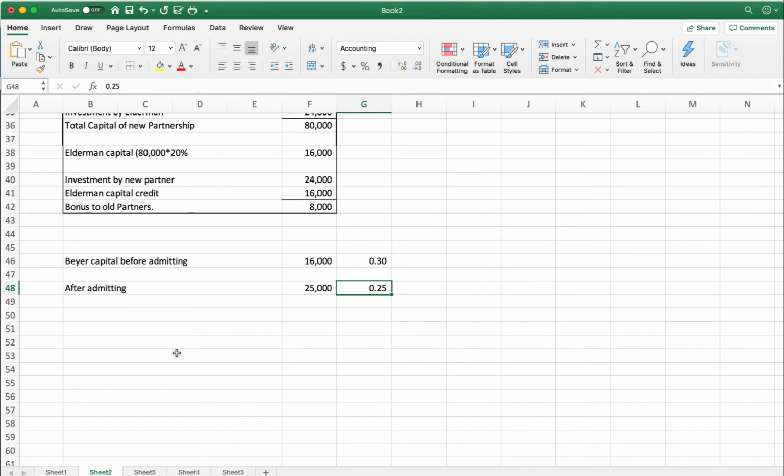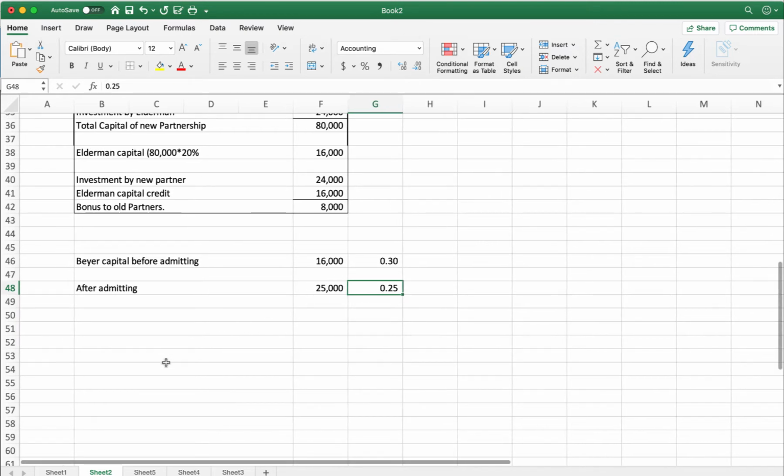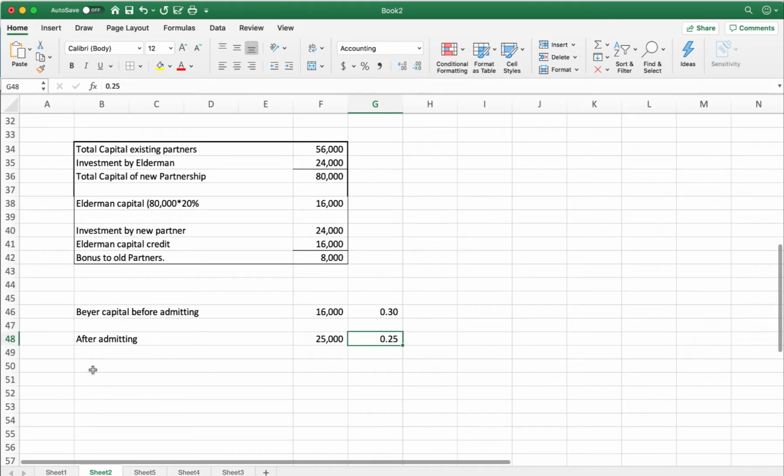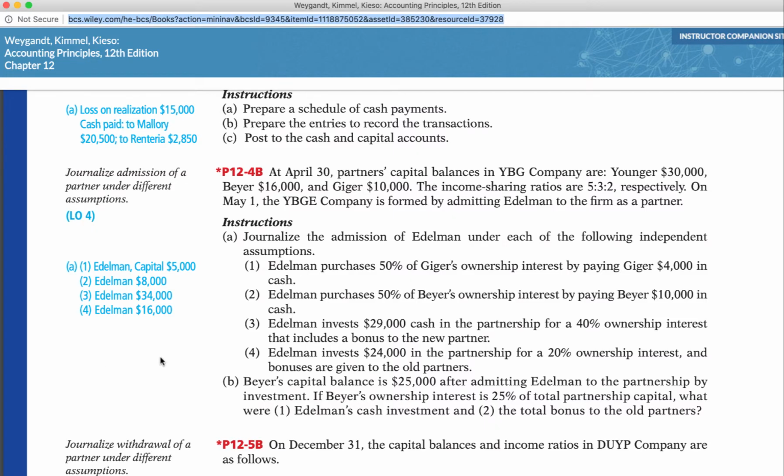Okay, so number one wants us to figure out Elderman's cash investment. We can't use what we did up here because the numbers have changed, the percentages have changed. So we need to figure out the cash investment for Elderman.